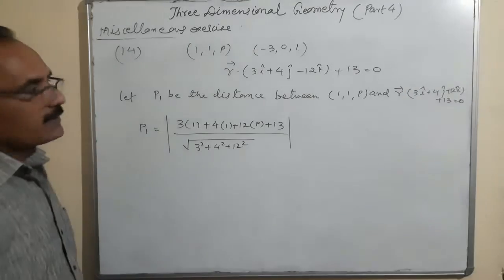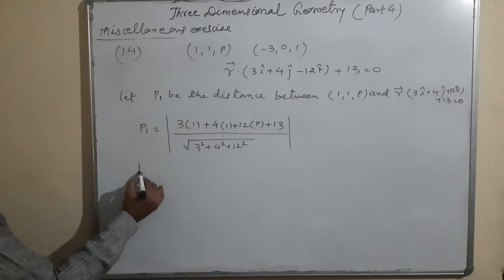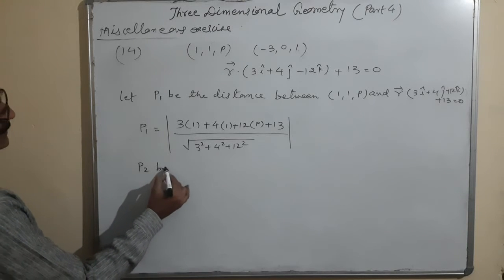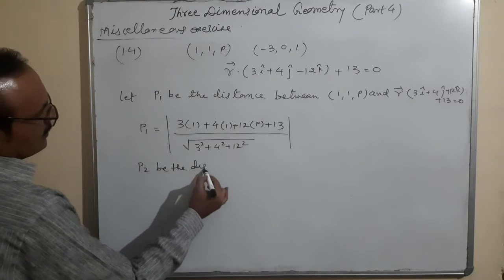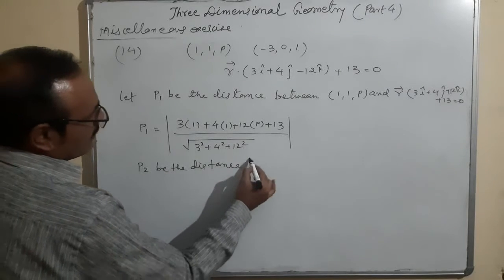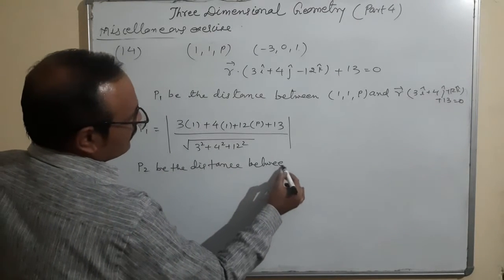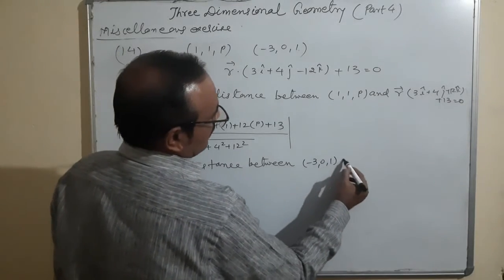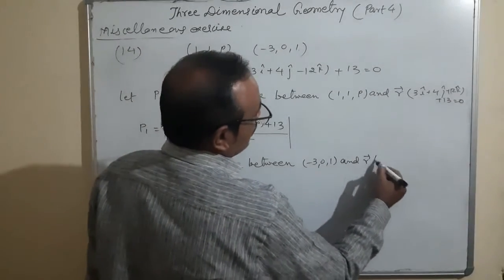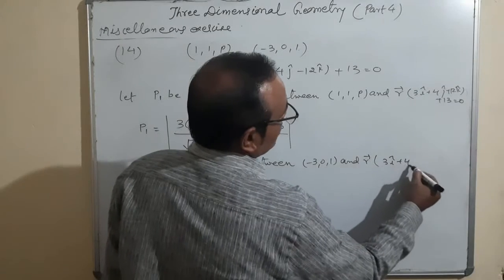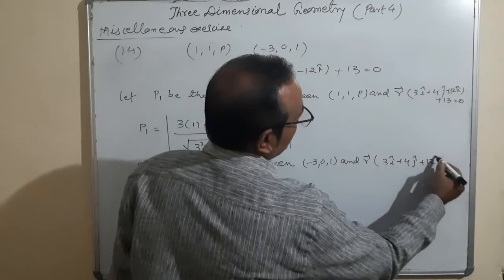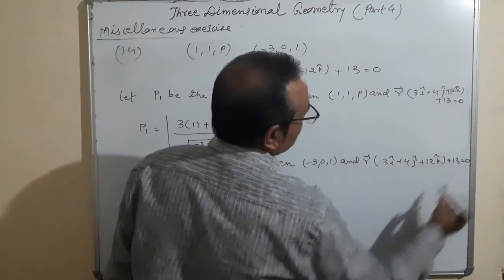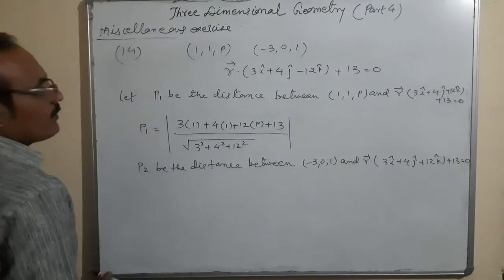So P1 and P2 be the distance between (minus 3, 0, 1) and the plane r vector dot (3i plus 4j minus 12k) plus 13 is equal to 0. Okay.